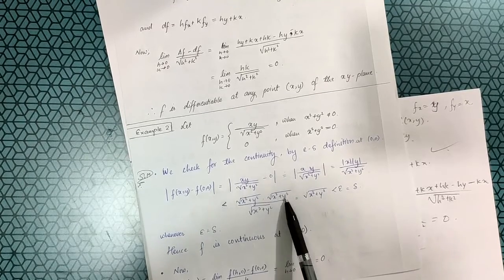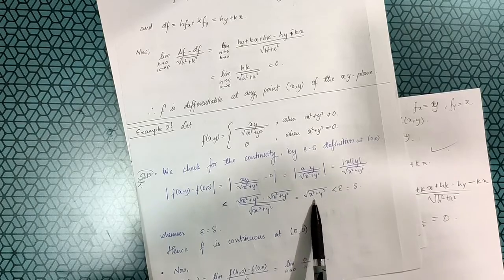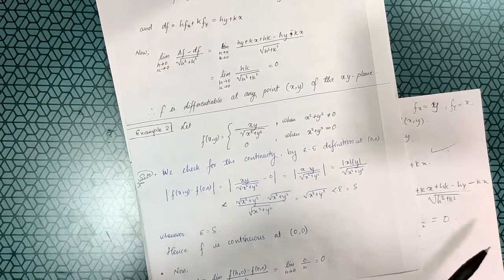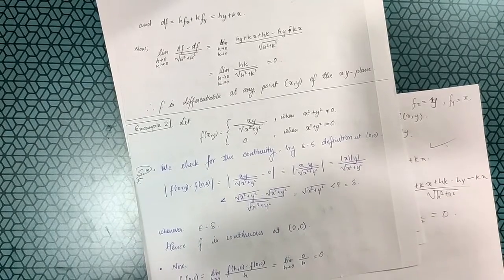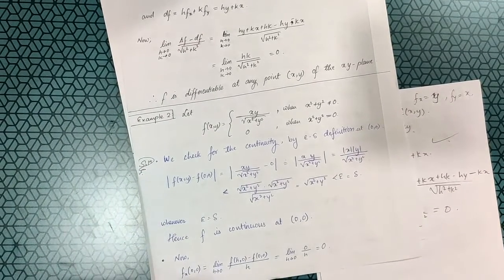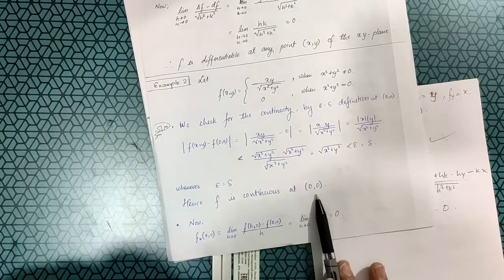So one of the root over x square plus y square cancels and we get less than epsilon. So if we choose delta equal to epsilon, we find that the epsilon delta definition for continuity is satisfied, hence the function is continuous at 0, 0.